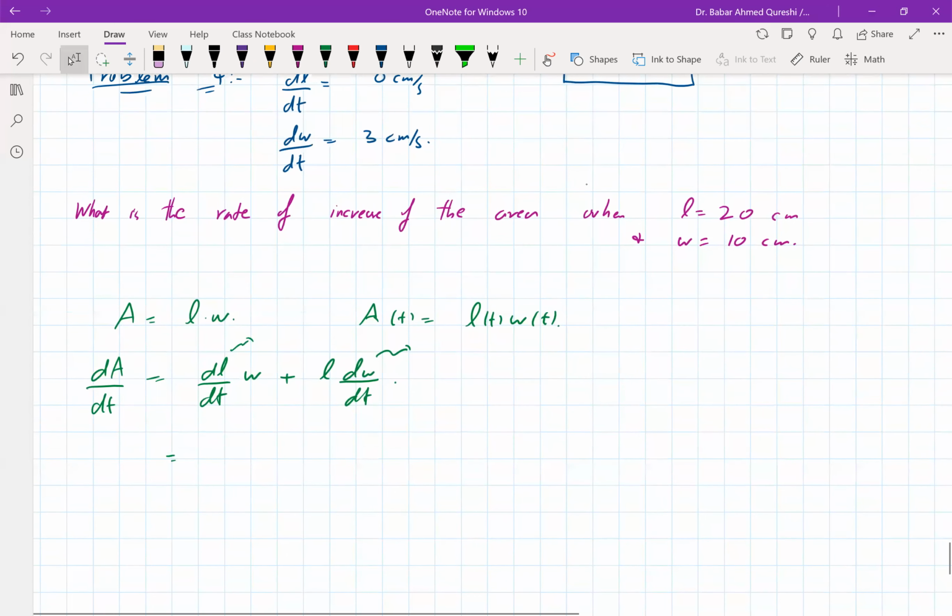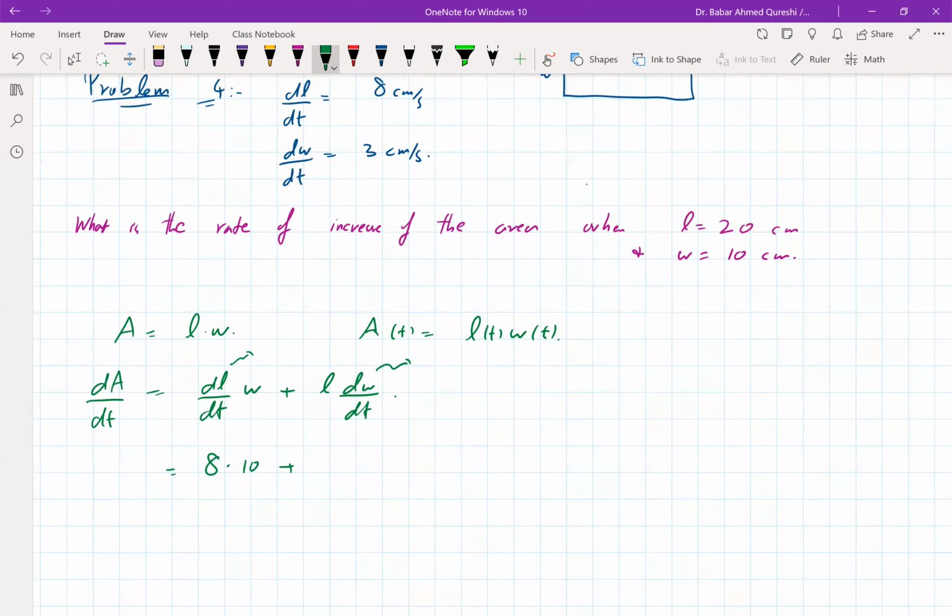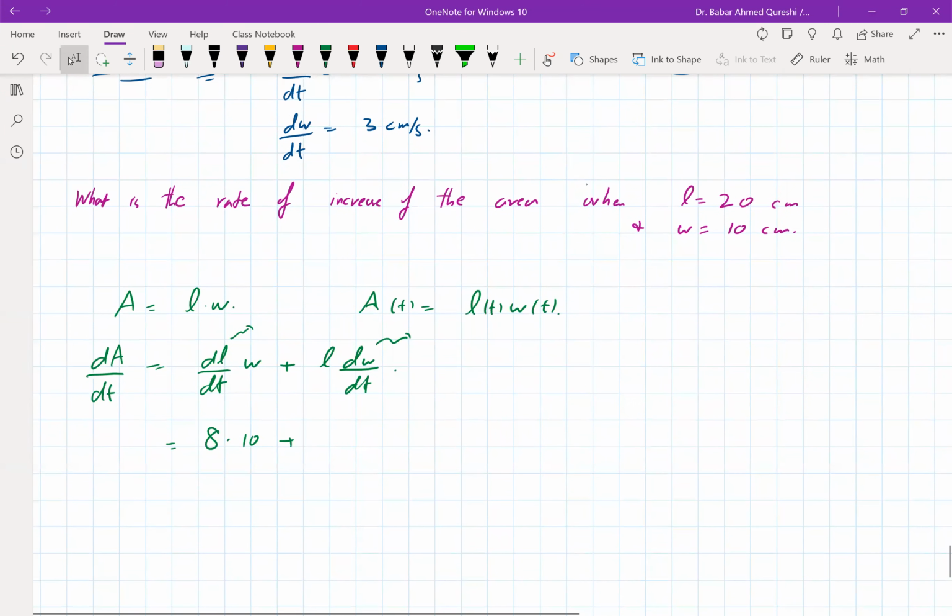dl by dt is 8. You put in 10 for w. And then you have, well, it's a good practice to always put in the units. So this was 8 centimeter per second.